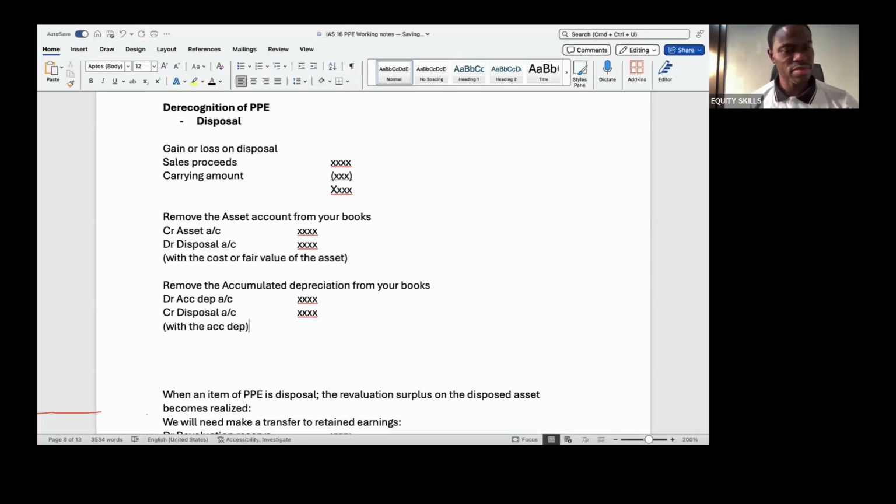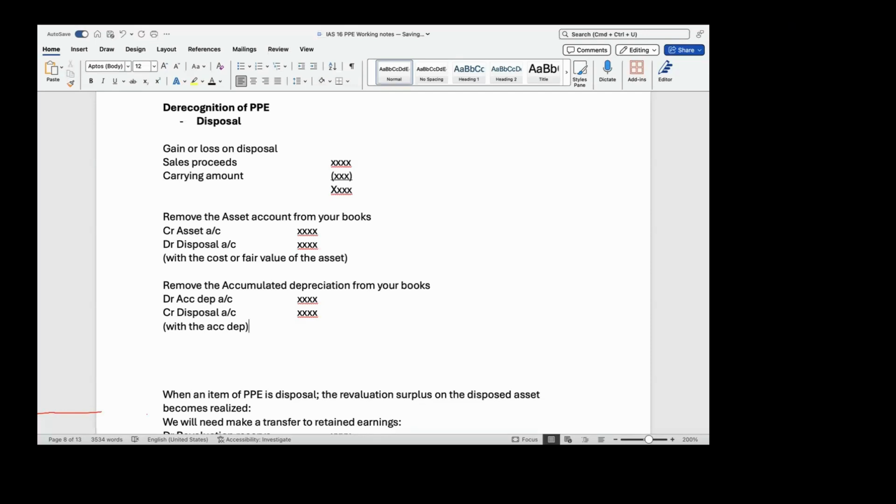Based on these two entries I've passed, what do you think will be the balance? What do we call the balance in my disposal account as of now? What does that balance represent? Profit or loss. Carrying amount or net book value. Thank you very much, Abubakar.